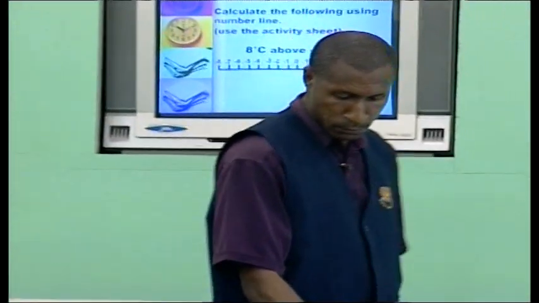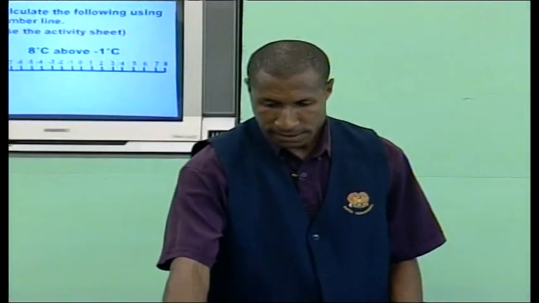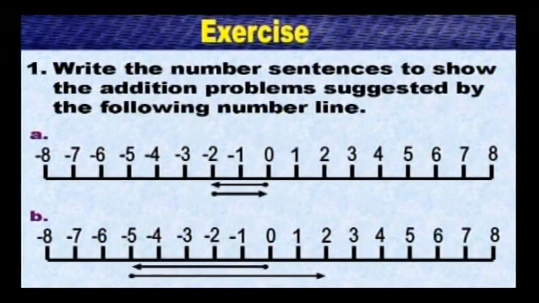Now, receiving students and 7ish, we will move to our exercise. We have 2 exercises there. You are to write the number sentence to show the addition problem suggested by the following number line. We did a similar exercise in our previous lesson.